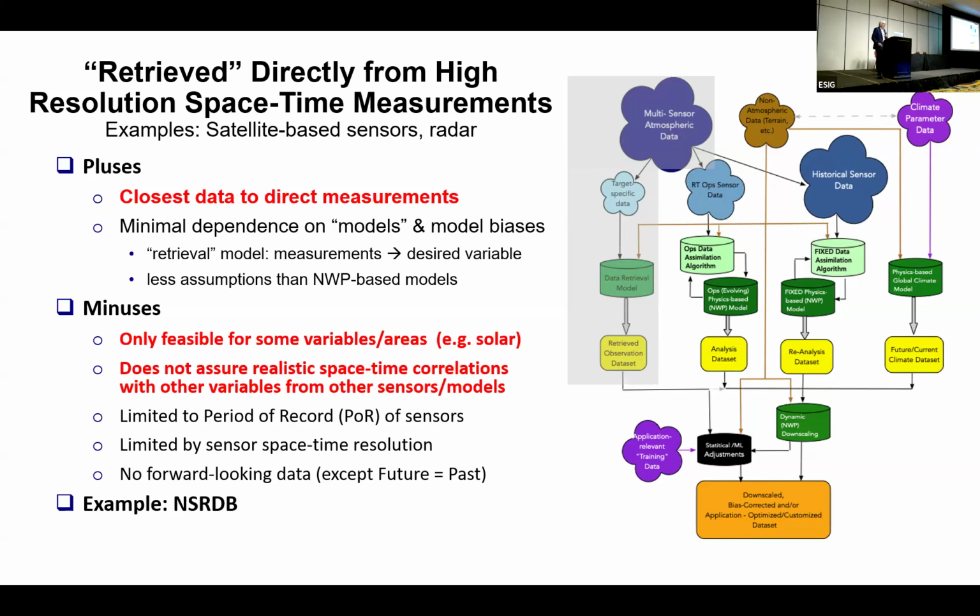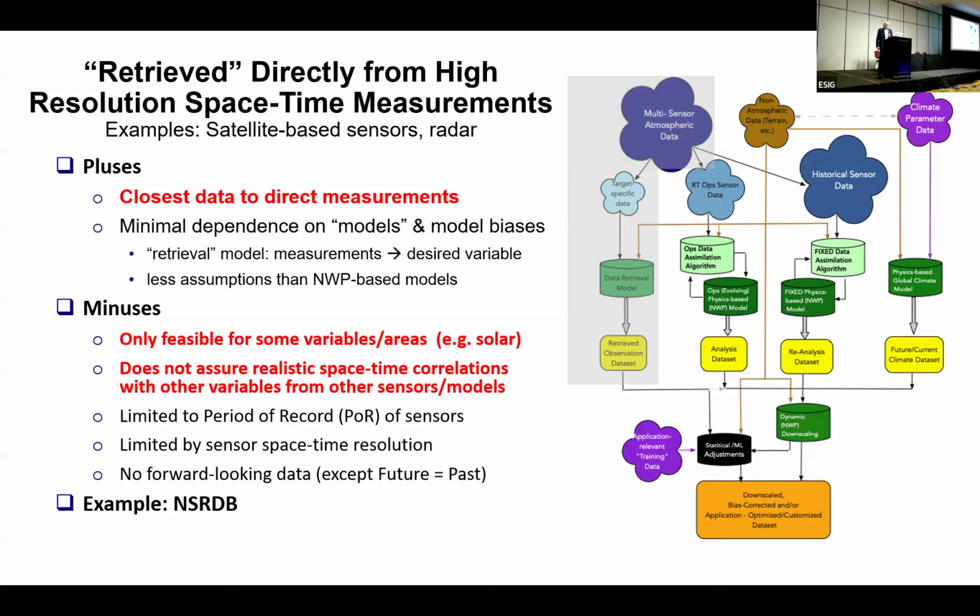So that retrieval model does the work, and then you come out with usually a two-dimensional data set of the variable that you're interested in. And the advantage here is, of course, there are measurements with a minimum of modeling, other than the retrieval model, where there, of course, are some modeling assumptions. But this is only feasible for some variables, solar being one, precipitation from radar would be another example.